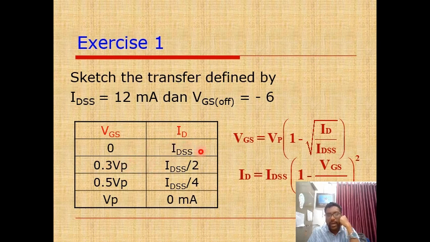And for the respective ID current, we can see at 0 VGS we are getting the maximum ID current, IDSS. At 30% of VP we are getting half of the IDSS, and at 50% of VP we are getting 25% of IDSS, and at pinch off the current conduction stops through the device.